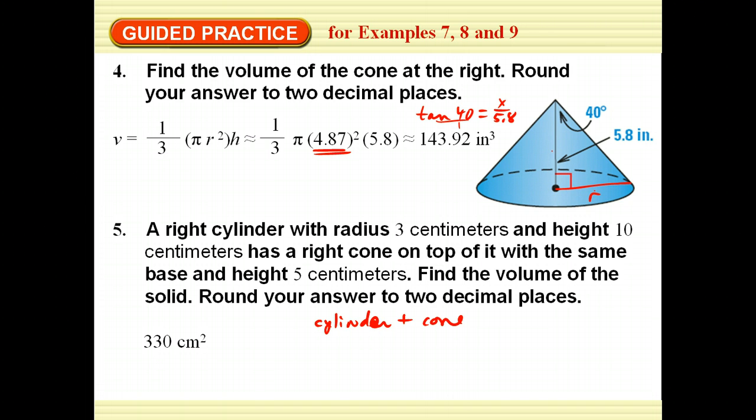We need the volume of the cylinder plus the volume of the cone. My volume of the cylinder is going to be pi r squared h, so pi times 3 squared times the height of the cylinder, plus the cone, which is 1/3 pi r squared times the height of that, which is 5, and that should give you your 330.